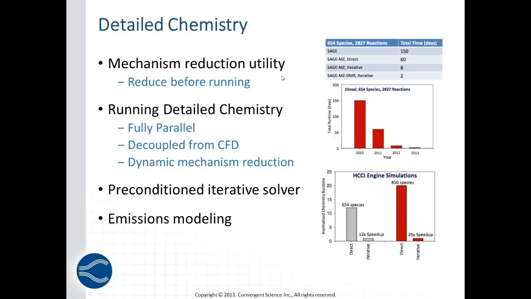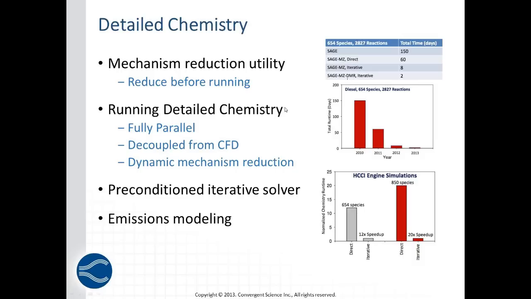Then we've done substantial improvements to the speed of our SAGE chemistry solver, and you can see some of these improvements over here using a fairly big reaction mechanism. It is a diesel mechanism, but the point being that we have really dropped down the time that's required to do these complex simulations, even with really big reaction mechanisms. And there are some approaches that we've used in order to do that.